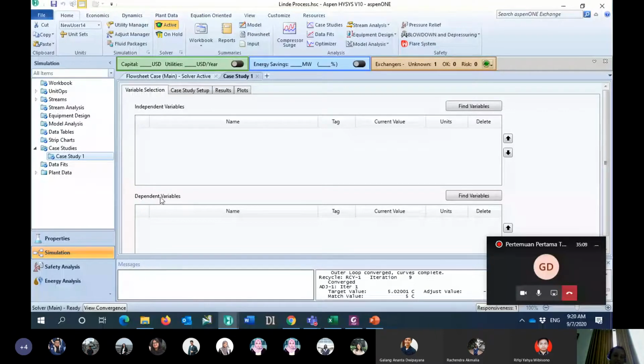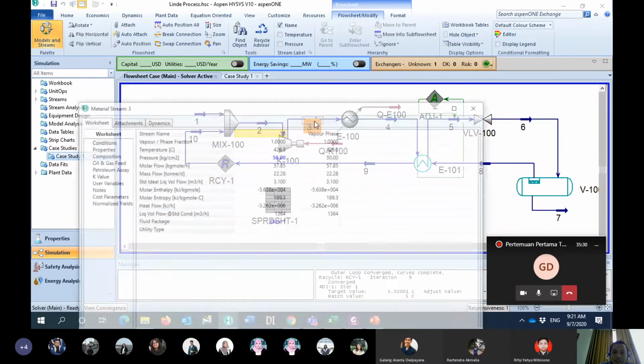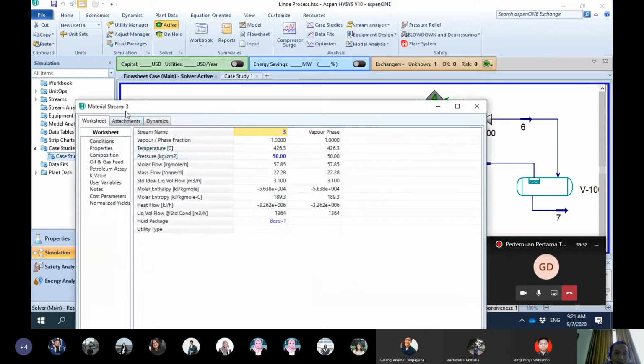So we cannot change this variable. The variable that we can change is only the independent variable. So find the independent variable and also the dependent variable.